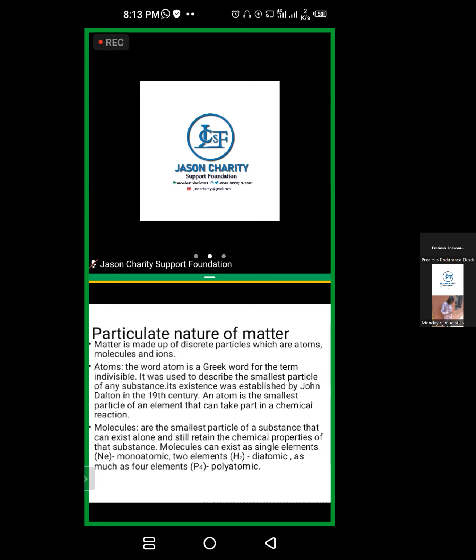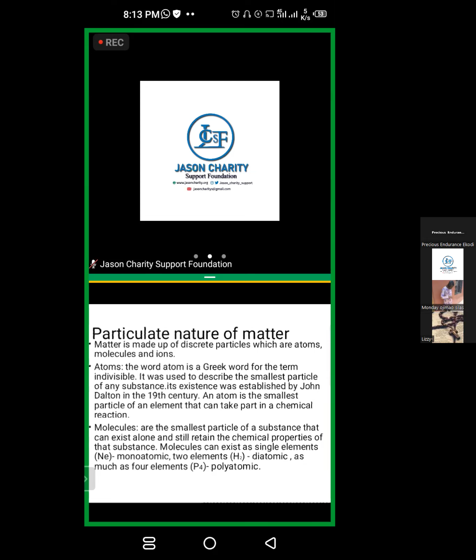They could be one atom, they could be two, they could be three. When we talk about one atom, it is called monoatomic. An example of that is neon. Neon exists singly on its own, doesn't have any pair, and just like that, it is a molecule on its own, and we could still call that an atom.